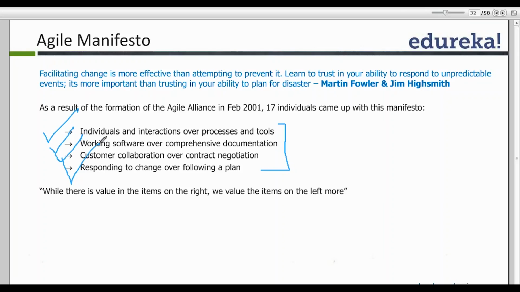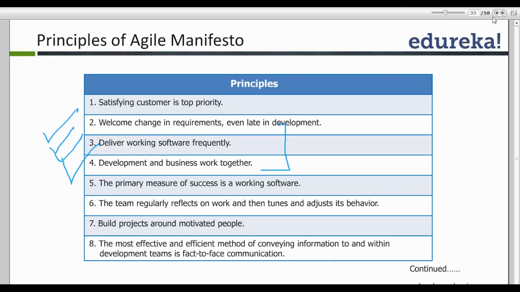What it means is that the items on the left hand side, which is individuals and interactions, working software, customer collaboration, and responding to change, have got more value than the items on the right hand side. So these are the key value statements of an Agile Manifesto, and this was developed by 17 developers who came together at a ski resort.